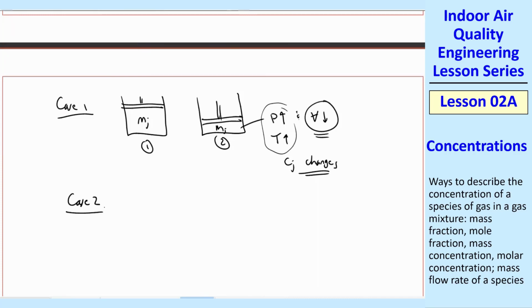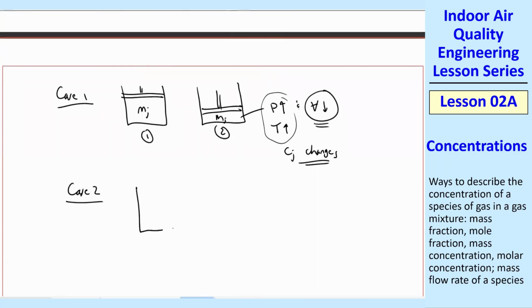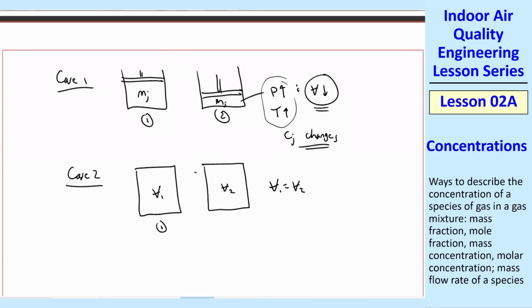Let's think of a different thought experiment. Case 2, now we have a rigid tank. Here's V1 and here's V2, and V1 is equal to V2. Let's suppose we add heat here. So in state 2, we have a different T2, say greater than T1, and P2 is also not equal to P1.